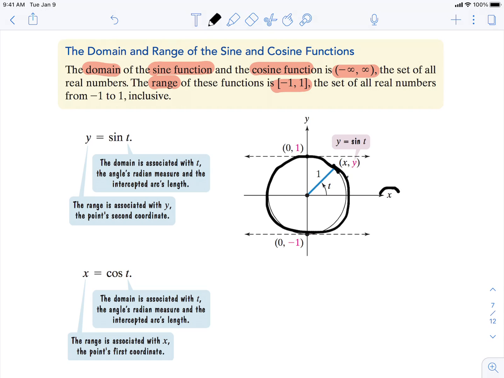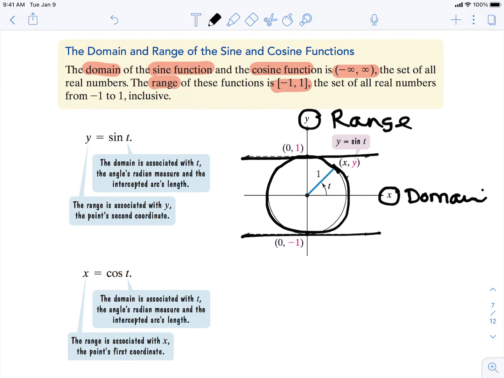And remember, the x is your domain. What can you substitute in? You can substitute any value in for x. For y, the range of values, they're everywhere from -1 up to +1.